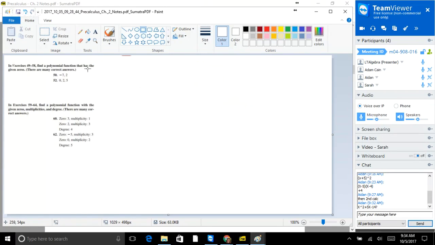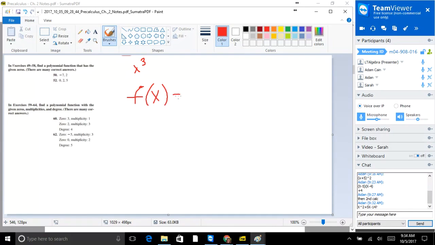We have zeros at 0, 2, and 5. So I already know off the bat that my polynomial function has to be at least to the third power because I have 3 zeros. So we're going to go with the simplest form that we can.